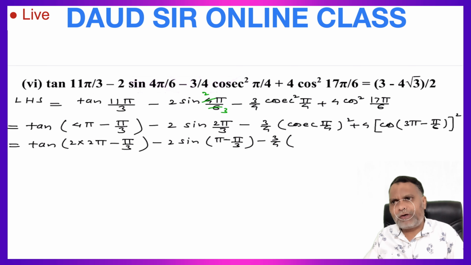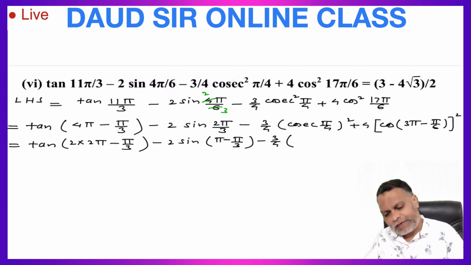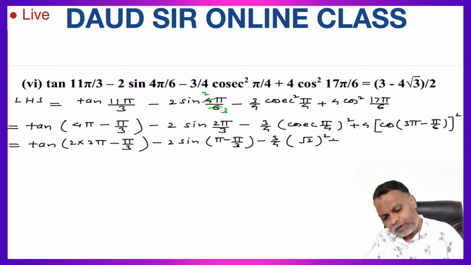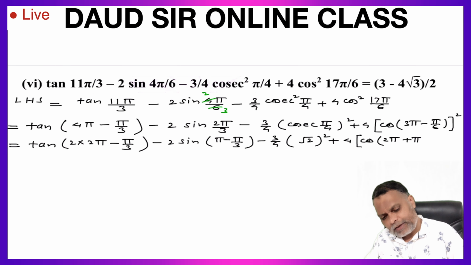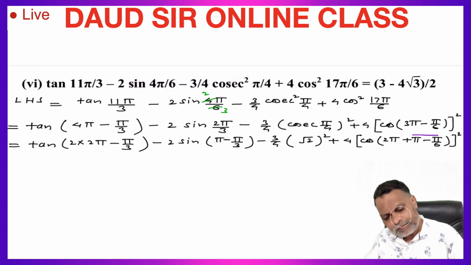The value of sine 45 is 1 upon root 2 and cosec is the reciprocal of sine, so we can take under root 2, under root 2 square, plus 4 cos, this 3 pi minus pi by 6 can be written 2 pi plus pi by 3... pi minus pi by 6 whole square. Here we can put the bracket.